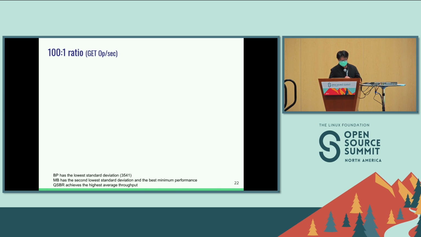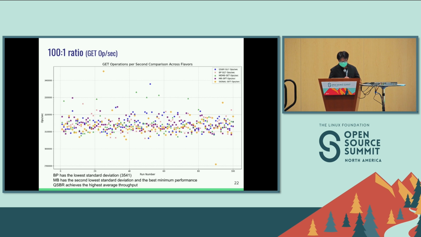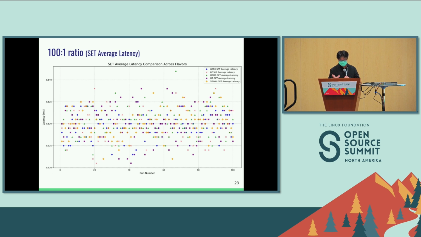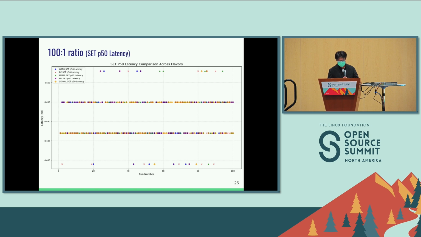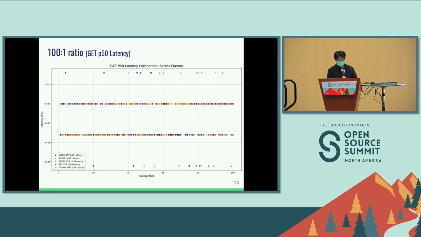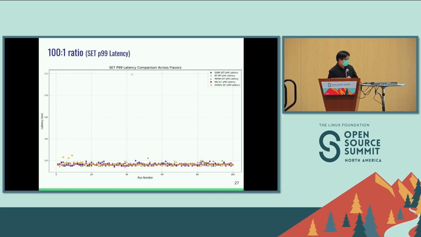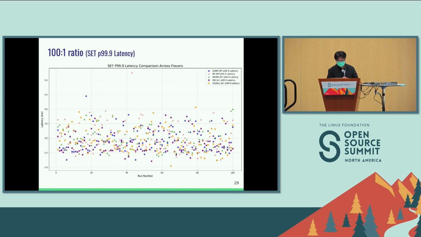This is get. Set, get. And the average latency for set, average latency for get, and 50 percentile for the set latency, 50 percentile for get latency, and 99 percentile, and even 99.9 percentile.